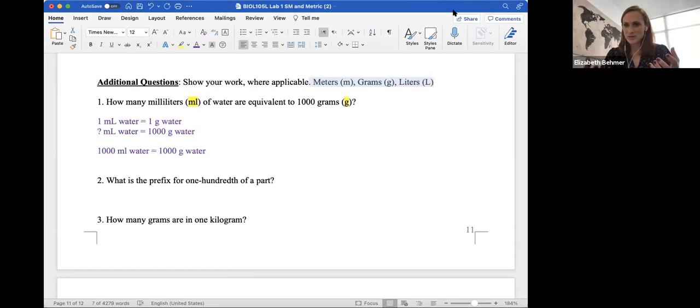Water has extremely special properties. So with distilled water, if we were to weigh out 1 gram of water, that would be exactly equivalent to 1 milliliter, the volume of water. So this is a special situation of water where there's a 1-to-1 ratio, 1 milliliter of water equals 1 gram of water. And this is what you just have to keep in mind.